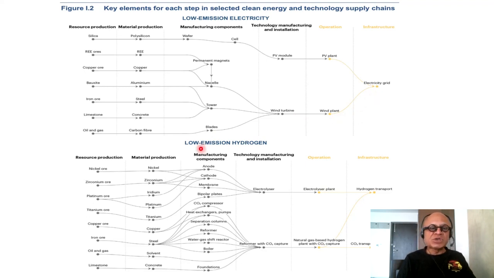And for low emission hydrogen, you have resource production from nickel, zirconium, platinum, titanium, copper, iron, and so on, to material productions from ore to materials like nickel, zirconium, iridium, platinum, titanium, etc. Manufacturing components like anodes, cathodes, membrane, bipolar plates, CO2 compressor for heat exchanger pumps, etc. if it involves heat pumps, and carbon capture and storage, or electrolyzer to hydrogen plants, and so on.